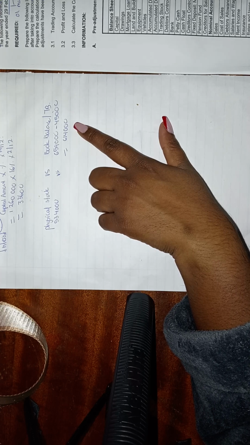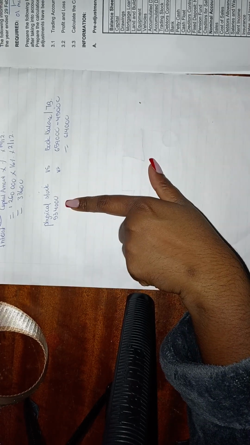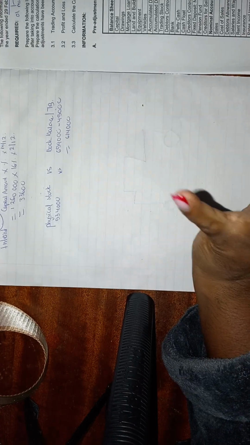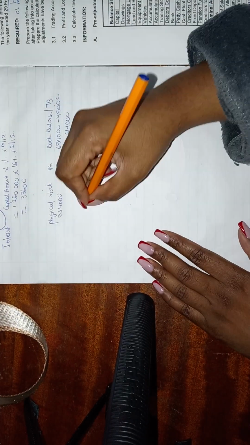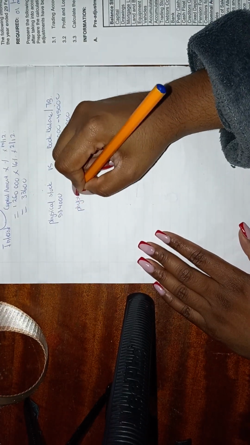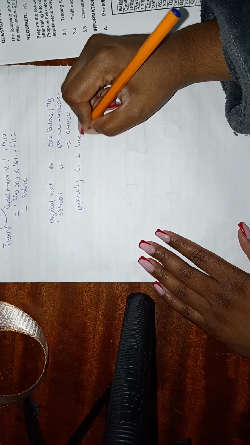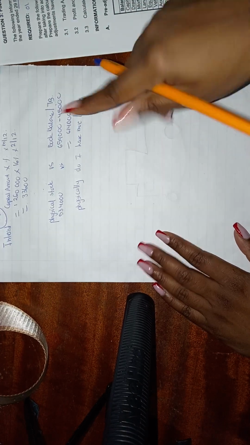So now I am comparing my physical stock of 534,000 with my book balance of 614,000. Okay, so the fact that my physical stock is less than my book balance means that I have a trading stock deficit. So you are going to ask yourself, physically, do I have more or physically do I have less?